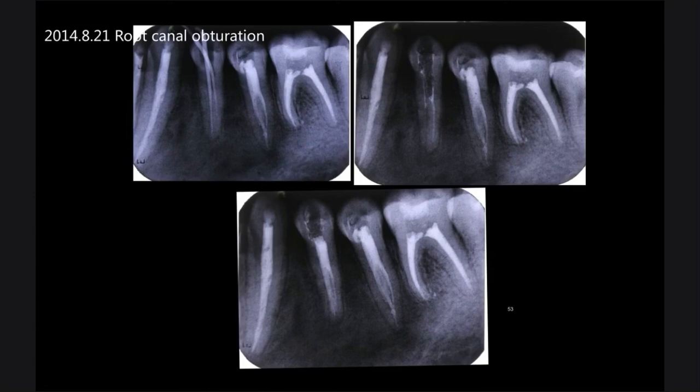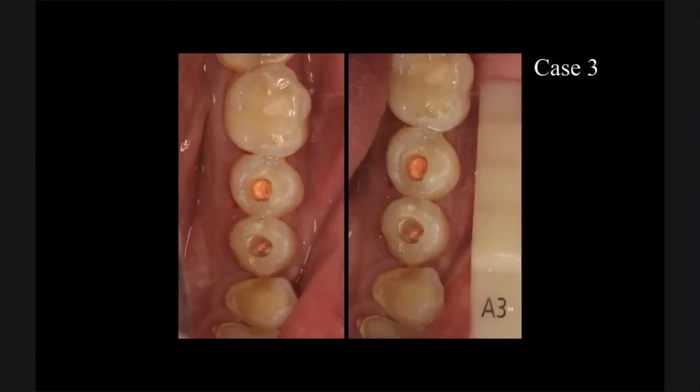For the process of the obturation of 3-4, you can see firstly I put 1 gutta-percha cone into 1 canal, and then I put another gutta-percha cone into the main canal. And this slide shows the direct restoration with the composite resin, because there's no decay and no cracks in the tooth crown. There is only the access cavity preparation. So direct restoration was done.